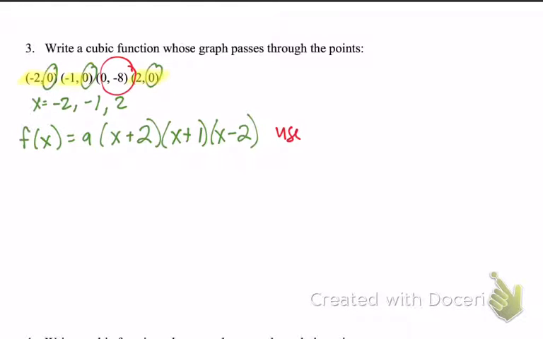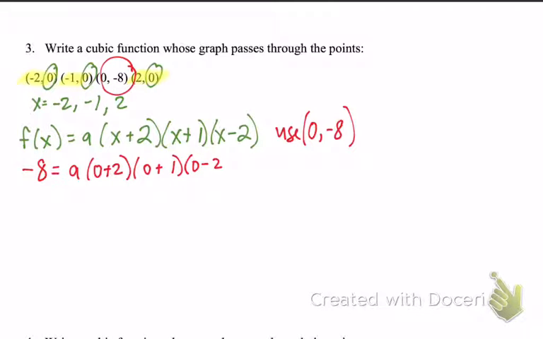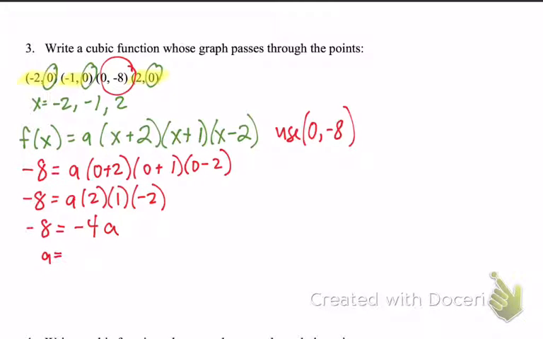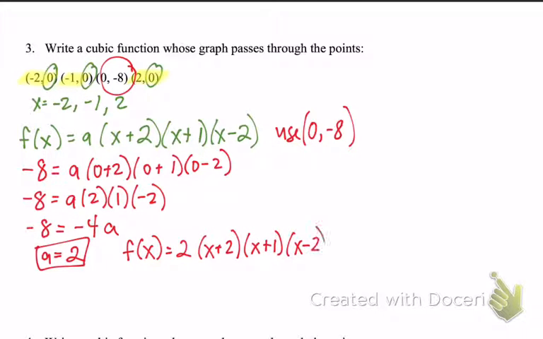So -8 equals a(0 plus 2)(0 plus 1)(0 minus 2). -8 equals a(2)(1)(-2). -8 equals -4a, a equals 2. So my factored form would be f of x equals 2(x plus 2)(x plus 1)(x minus 2).